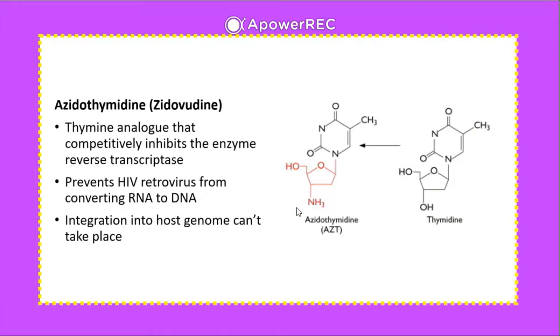What this does is inhibit the enzyme reverse transcriptase, which is used by certain retroviruses. This would prevent the HIV retrovirus from converting its RNA into DNA, and therefore integration into the host genome cannot take place.